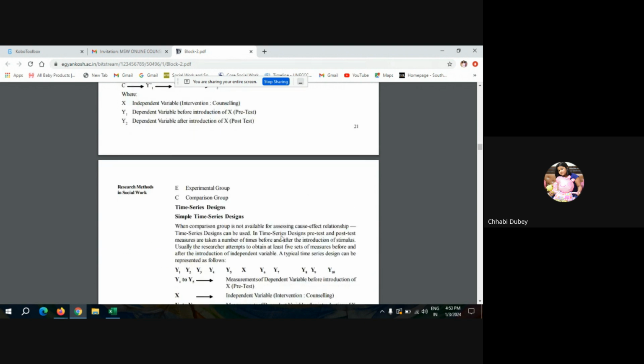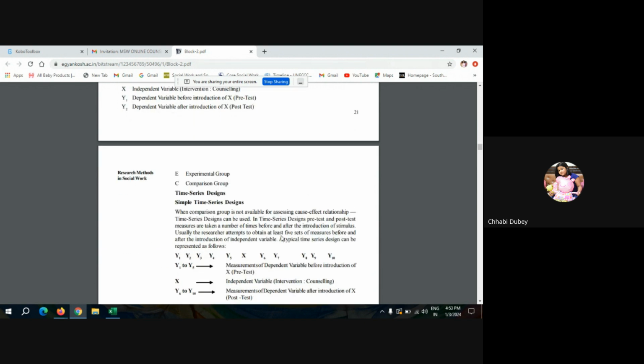in a realistic setting. After that, we go to what is known as time series designs, or simple time series designs. Now, when a comparison group is not available for assessing the cause-effect relationship, we use time series designs.